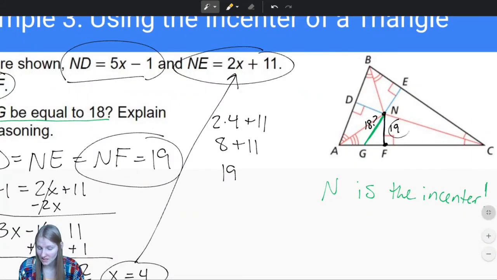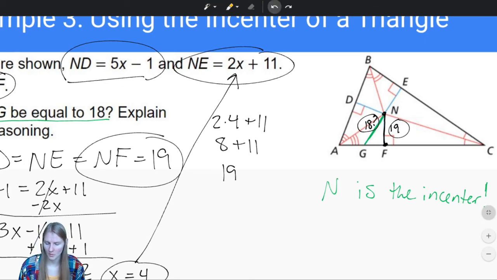So 19 needs to be the shortest distance. Well, if 19 is the shortest distance, how can 18 be smaller than 19? So that would mean that this is the shortest distance. But it can't be the shortest distance.